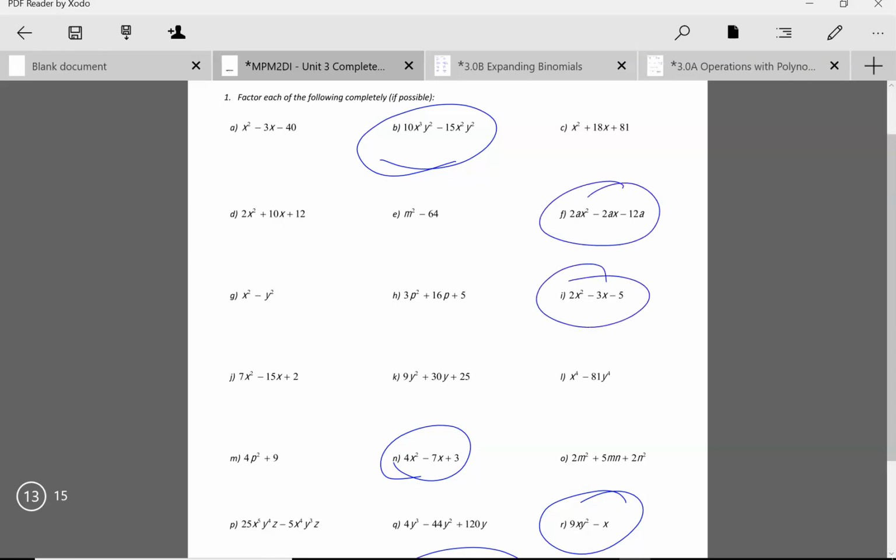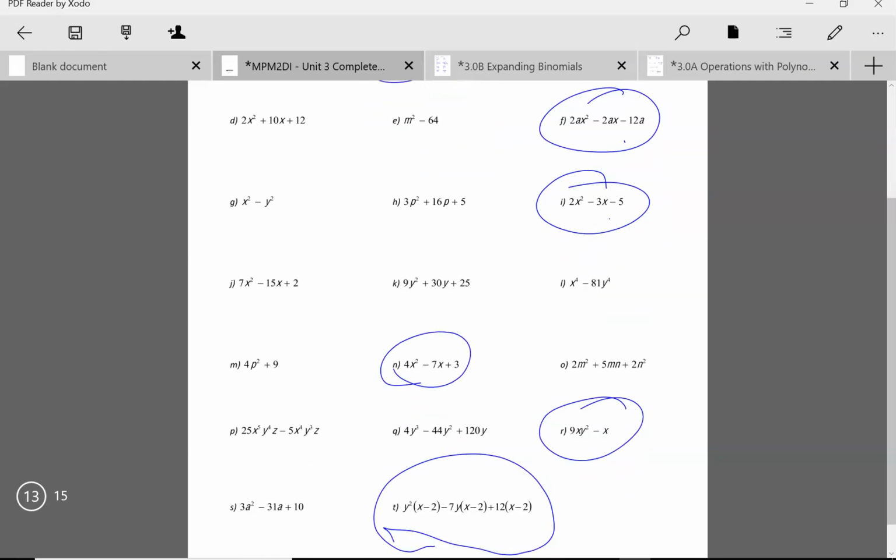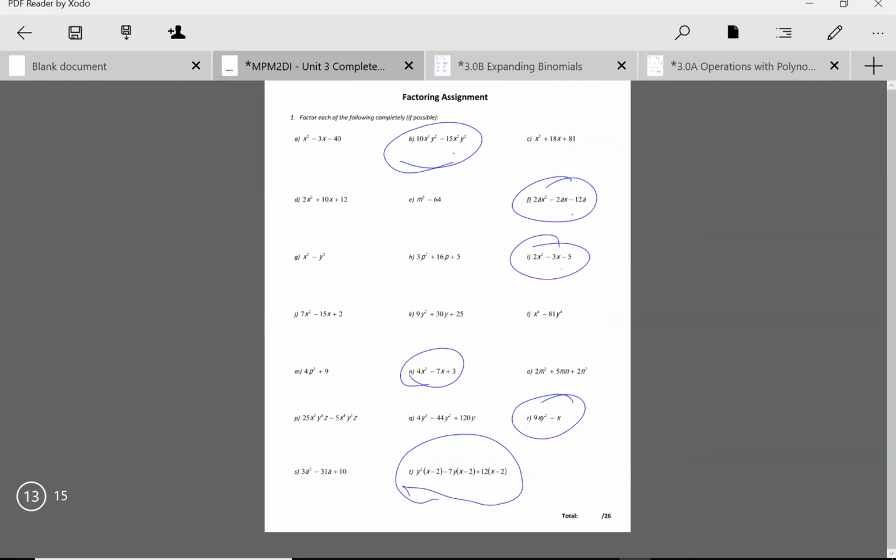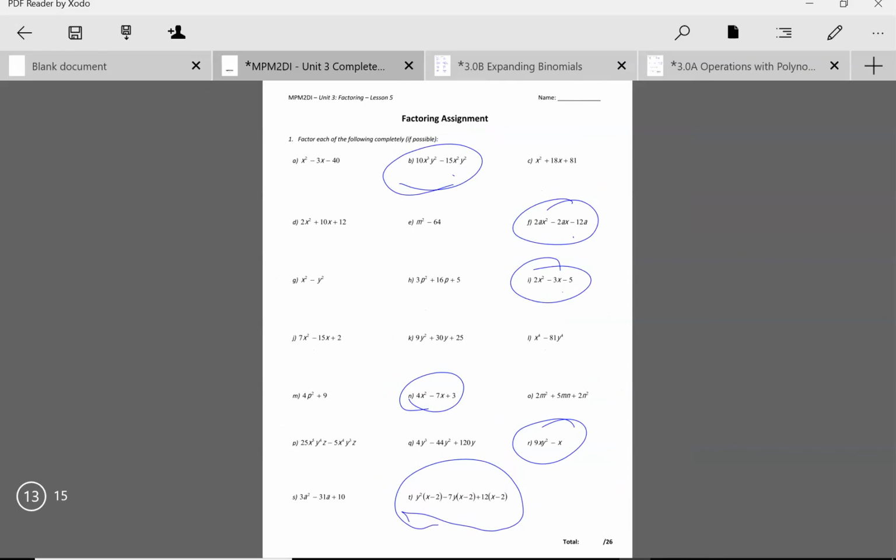Okay, so I want you to try B, F, I, N, R, and T. These are the questions I want you to solve and post the answers to in the comment section below with your name. Obviously, hopefully you're trying all of them, but these are the ones I want to see answers for when you do your work.